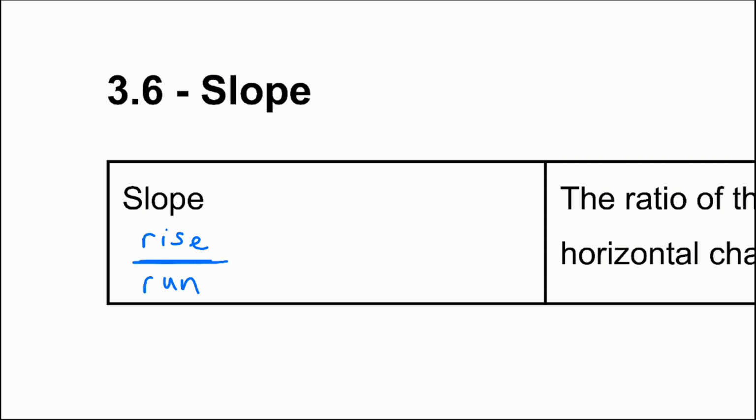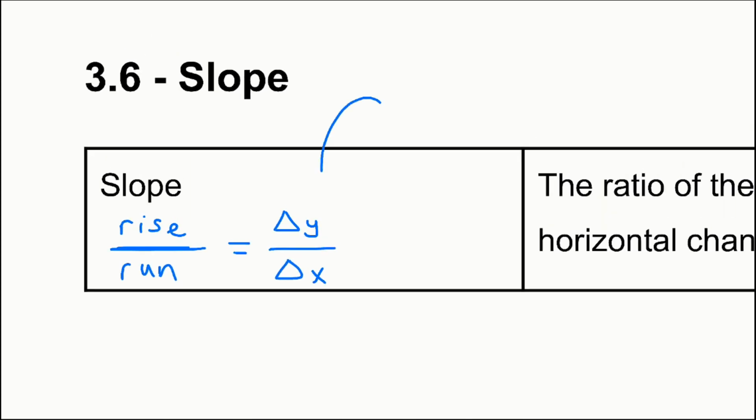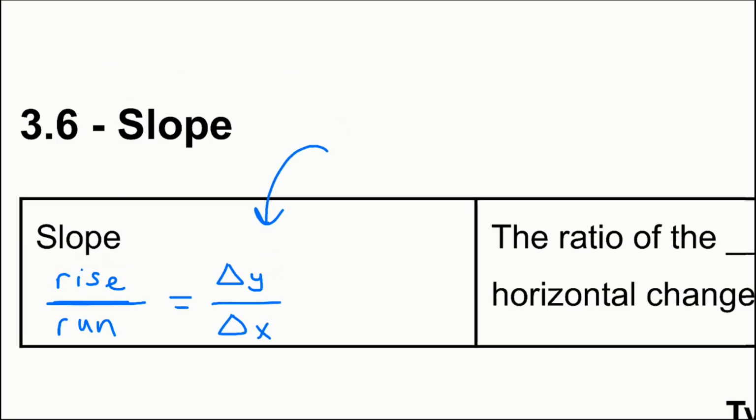Something else that you will see this as, and you've seen it before already, we did it last week, is the change in the y over the change in the x. Remember, this is the rate of change or the constant rate of change. Okay, so they mean the same thing.